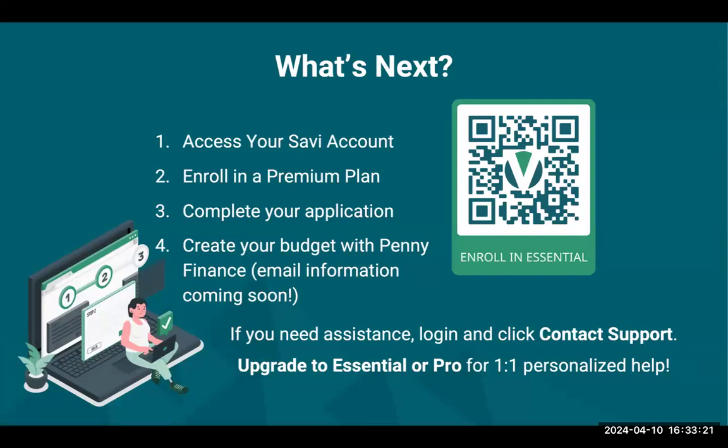And then if you'd like to enlist Savi's help and receive one-on-one personalized support, and for us to really handle all of your enrollment in these repayment and forgiveness programs, you can upgrade to the premium plan. It's called the Essential Plan, at a small yearly fee. From there, we'll complete all of your applications and get you enrolled in these programs so that you can start to experience that savings next month.